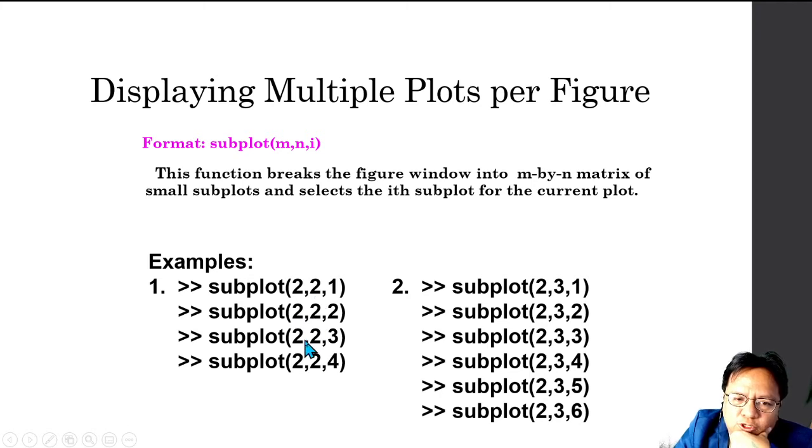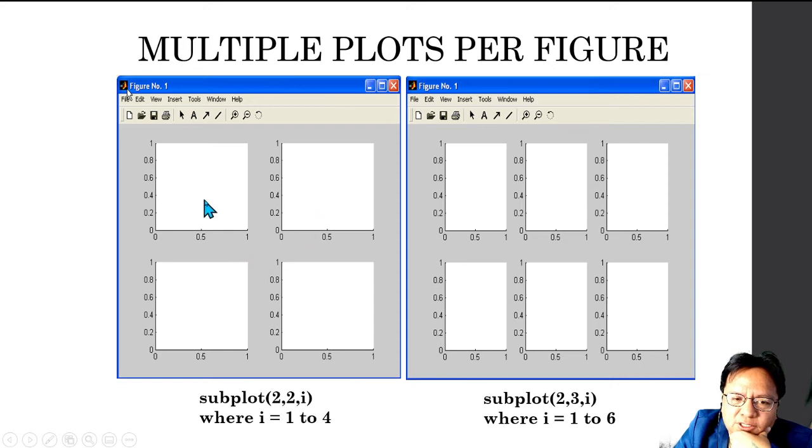So the first element is this one, and you have 1, 2, 3, 4.